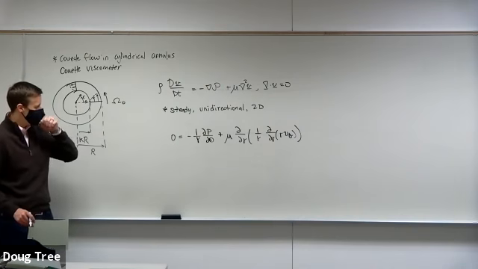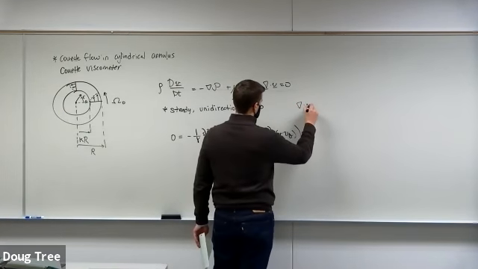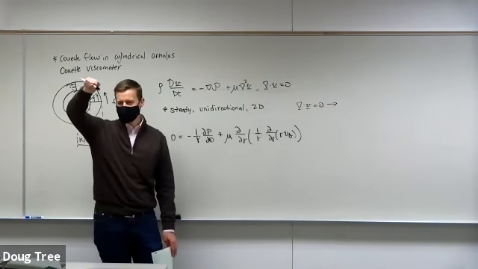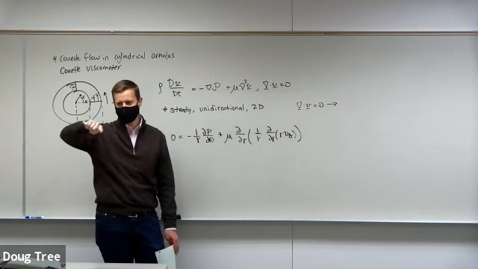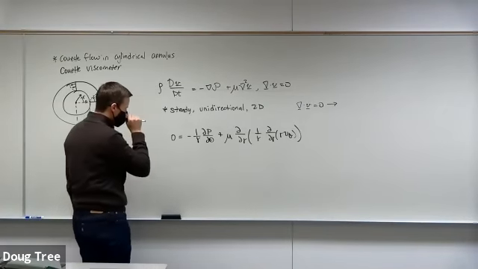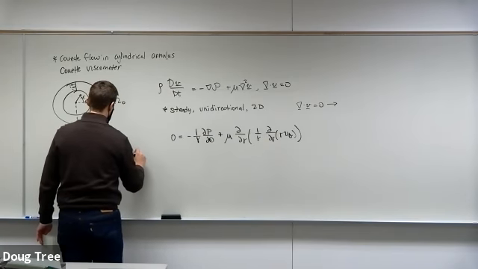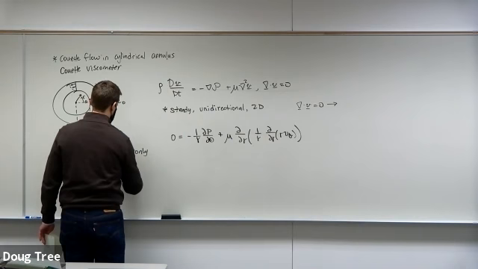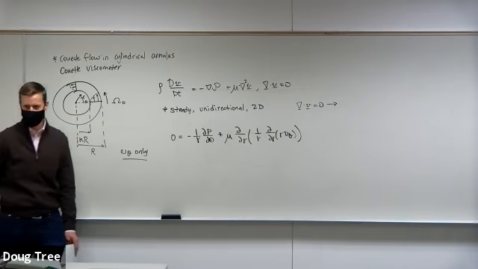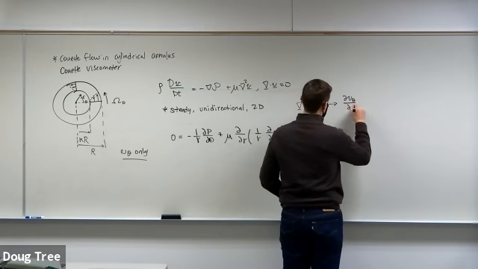So first, I know that the terms in del dot v equals 0 are going to lead to something fully developed, right? As I go around in theta, I shouldn't change, because when I have unidirectional v theta only, it shouldn't change as I go around in theta, or else I'm going to have to add mass or take mass away. So this leads to dv theta d theta equals 0.